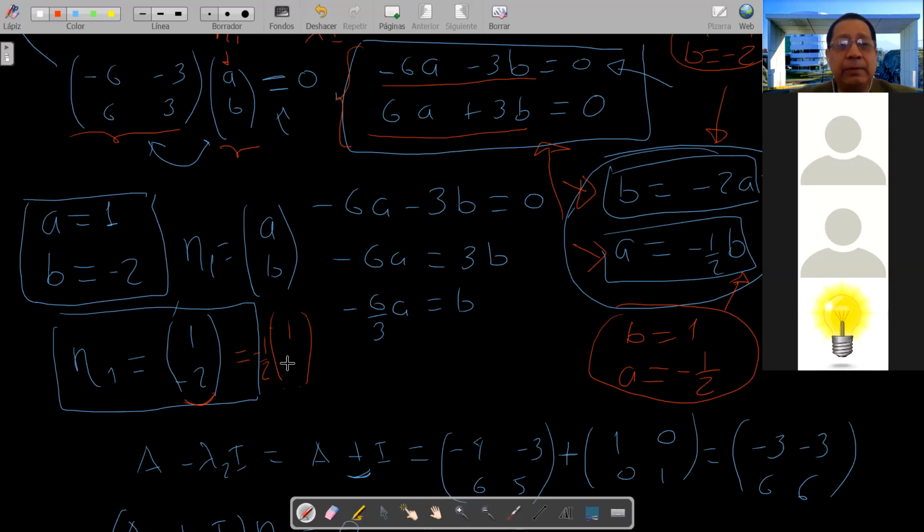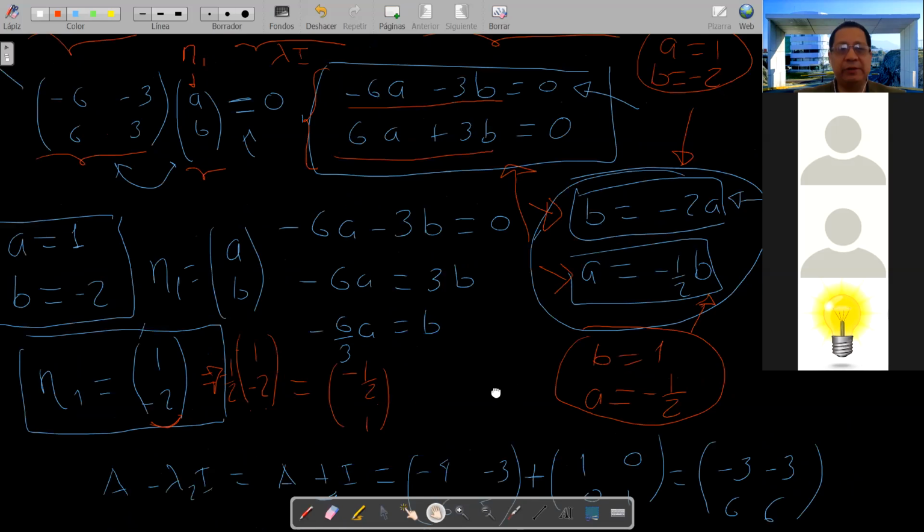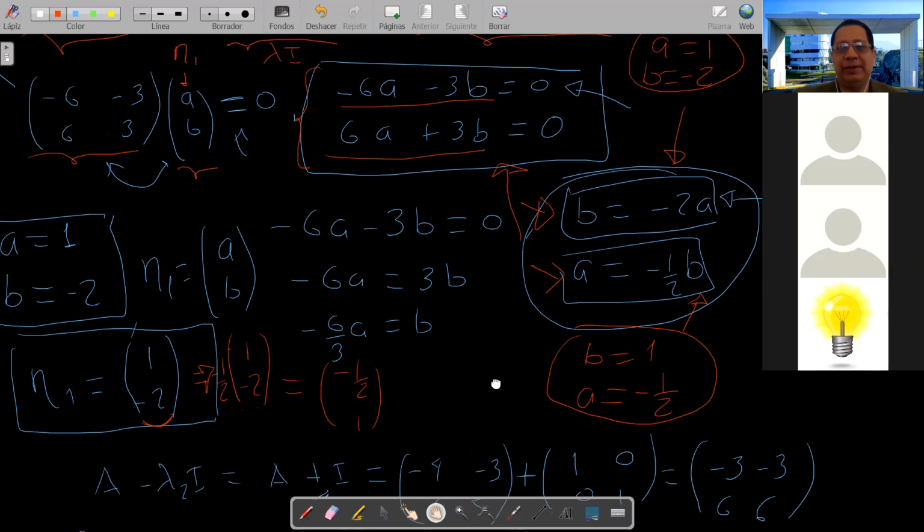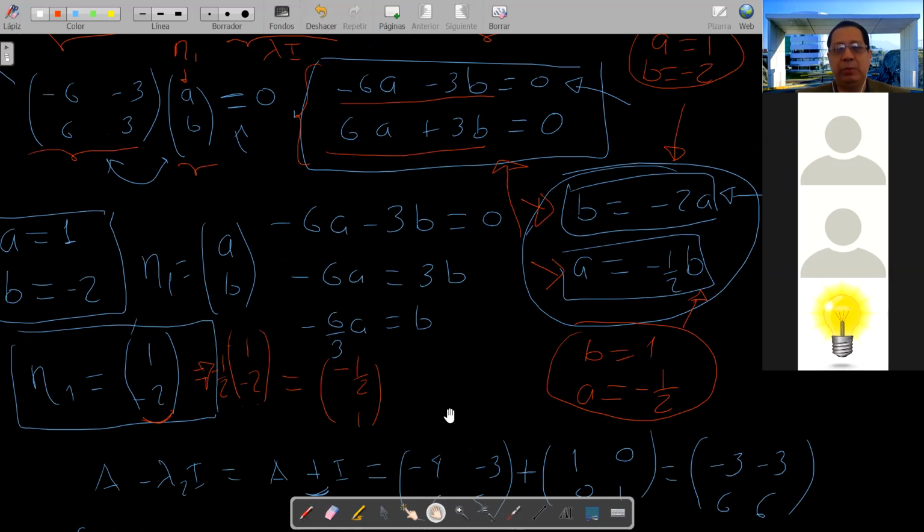This is the first eigenvector. Then we will get something like this. It's not equal. Then we will get this second eigenvector, which is simply another solution: b equals 1 and a equals -1/2, which is this solution.